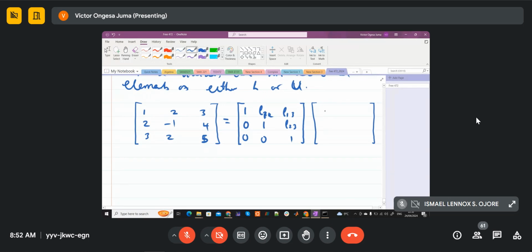And then multiply by an upper triangular matrix, that will be U1 1, 0 0, U2 1, U2 2, 0, U3 1, U3 3, and then U3 2, U3 3. So this is what it means. And so you need to find this L1 2, 3, L2 1, U1 1, and so on.